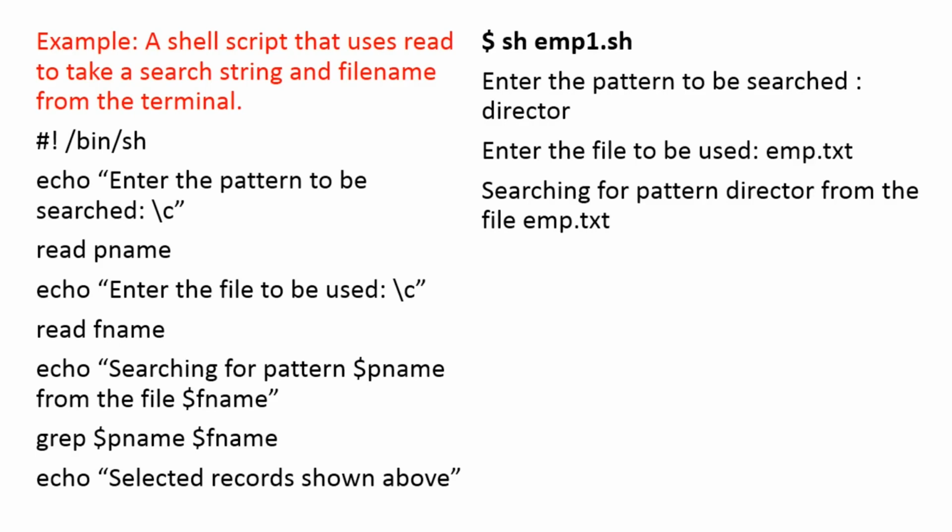Here the value director is stored in the variable p name, and the file name employee.txt is stored in the variable f name. Using these we are just displaying the value. After that, you got the result: the director is present in the file employee.txt 2 times.